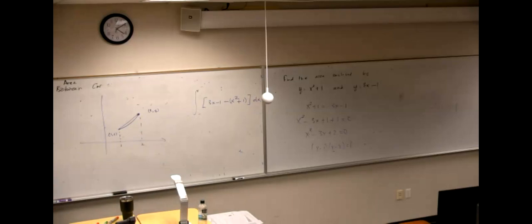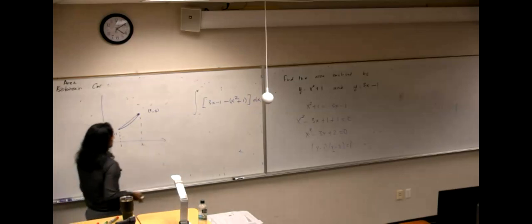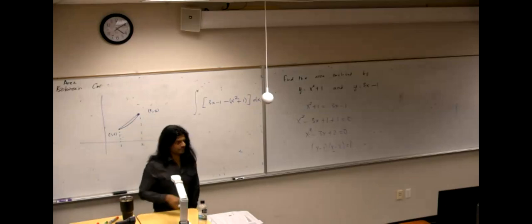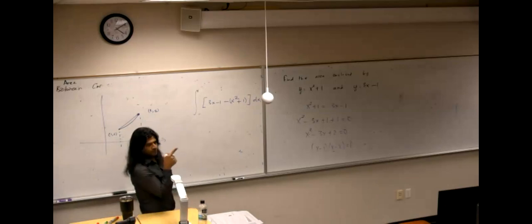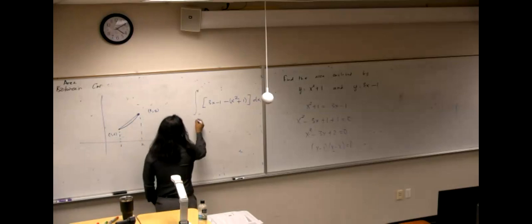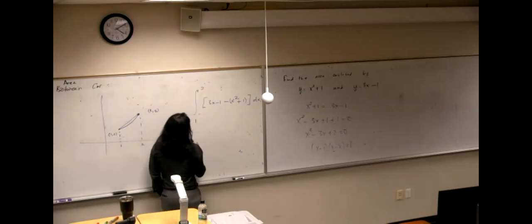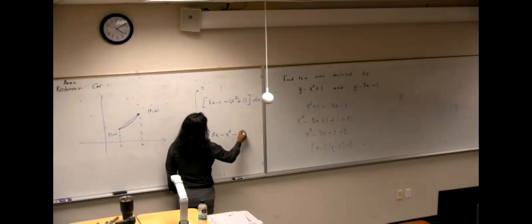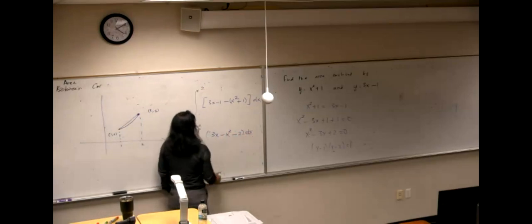Use brackets, parentheses, so that you don't make mistakes. We know our limits of integration from 1 up to 2. So 1 to 2, 3x minus x squared minus 2 dx.